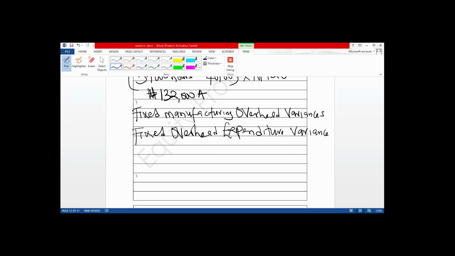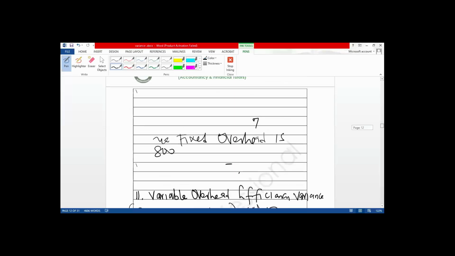Budgeted fixed overhead is equal to budgeted units, 8,000 units, multiplied by fixed overhead per unit.